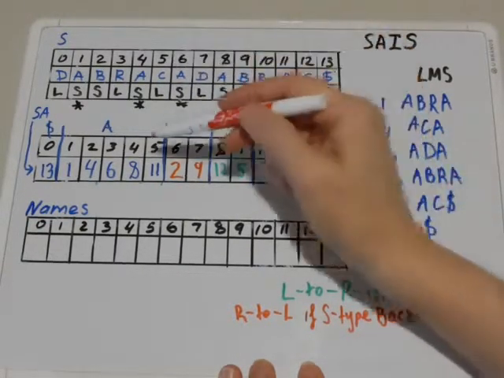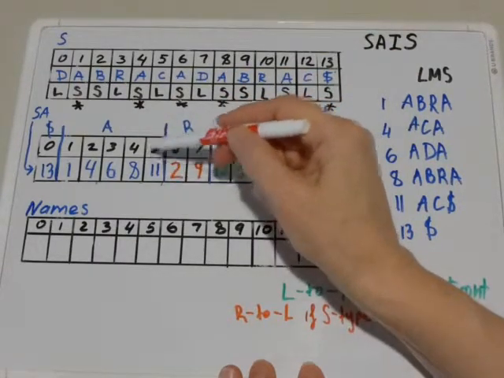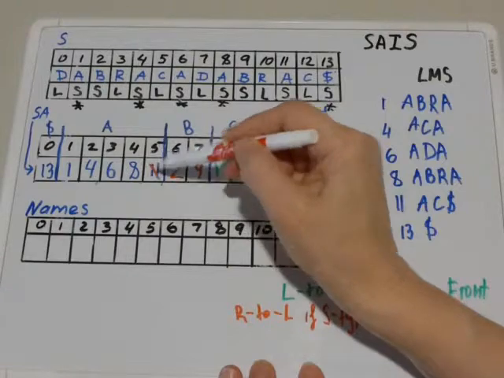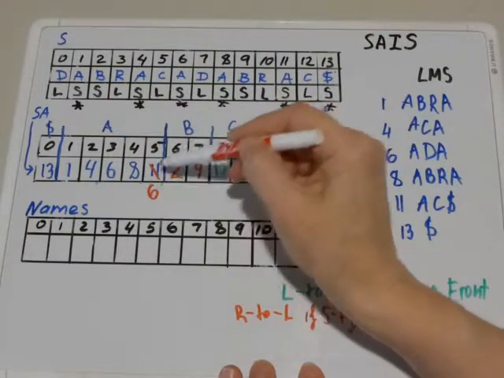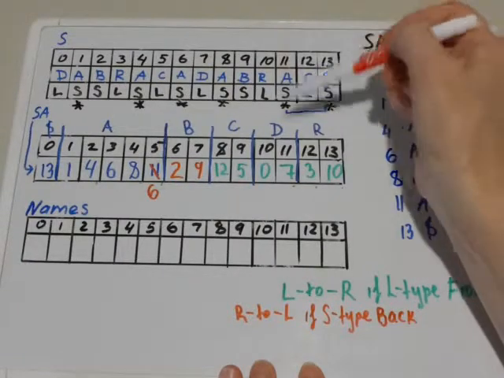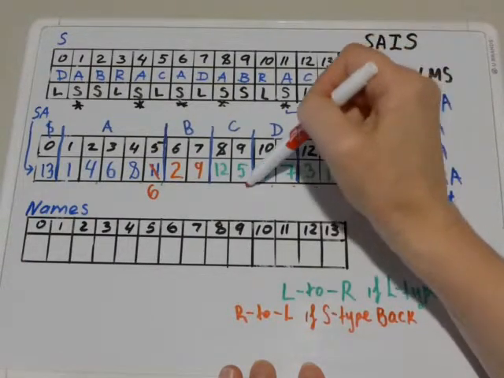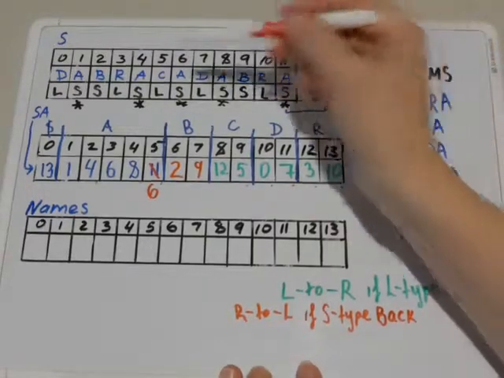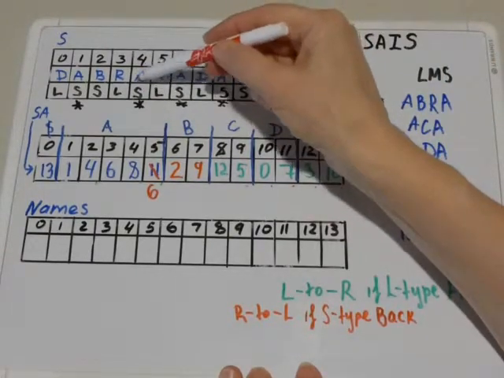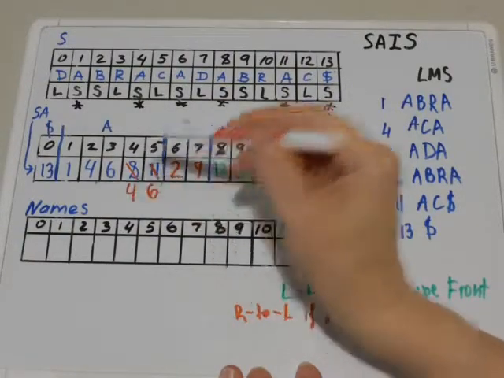Position 6 goes at the end of the A bucket. At this point we're overwriting whatever is in there, so this will be overwritten with 6. Then next position is 0, just ignore whenever you see 0. 5 minus 1 is 4. 4 is S type, goes into the A bucket. This will be overwritten with 4.